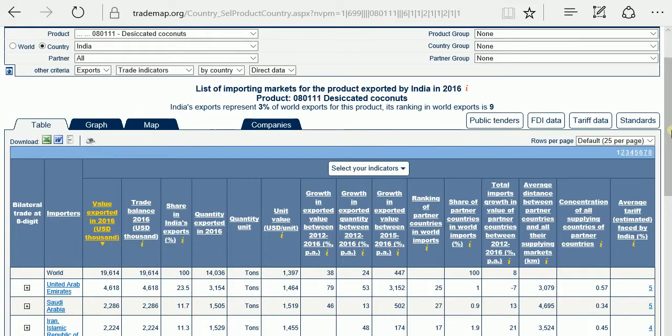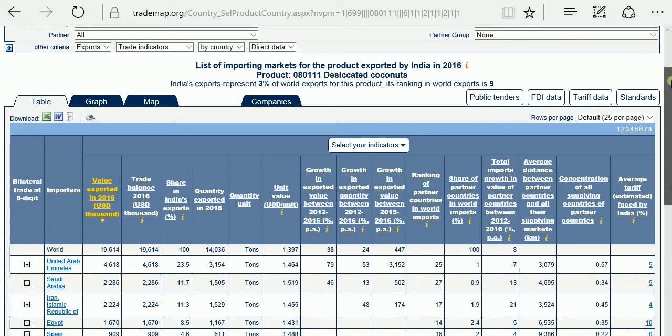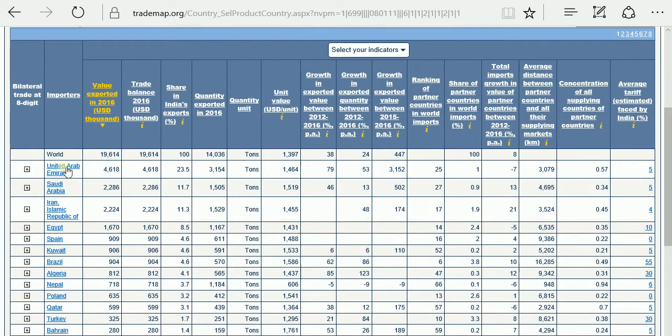I am going to use the same desiccated coconut as an example. So, desiccated coconut exported from India to the world, criteria exports, trade indicators by country, direct data. This means these data are collected from the exports of India. Scrolling down, here it shows the importers' value exported in USD in 2016 in terms of USD thousands.